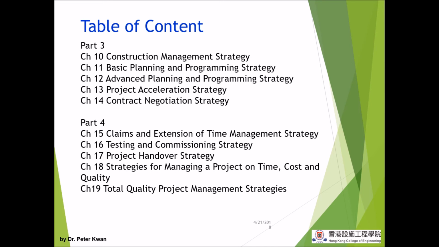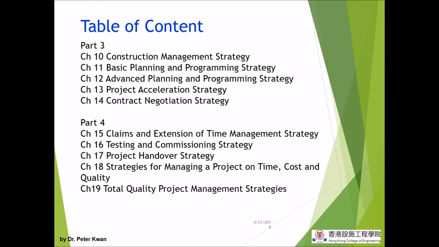Part 4 is about, again, 5 chapters. In chapter 15, we talk about claims and extension of time. How do we apply the strategy here? Chapter 16 is usually towards the end of the project construction, which is the testing and commissioning strategy. Chapter 17 is about project handover strategy, how to hand over successfully.